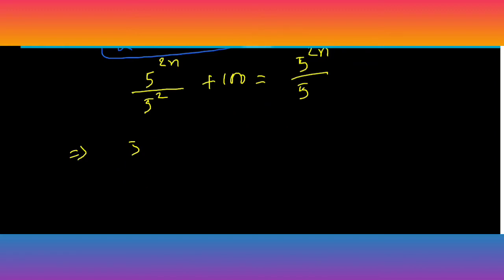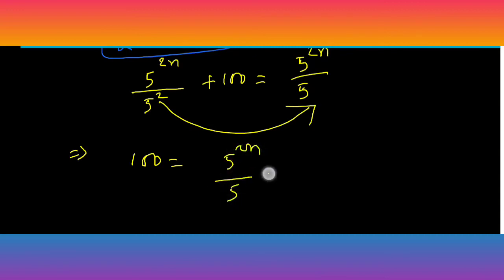Just wait. So we have to transpose this value to the right side. Okay, so here 100 is equal to 5 to the power of 2n upon 5 minus 5 to the power of 2n upon 25. Okay, this 5 square is 25.